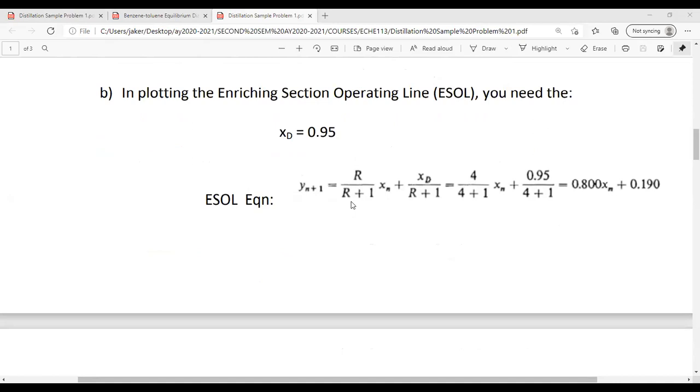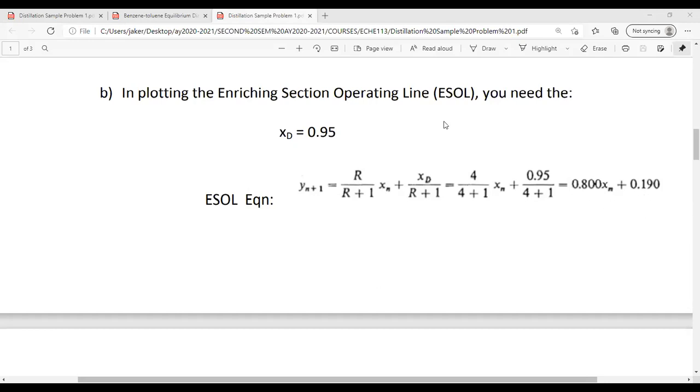So the R over R plus 1, XN plus XD over R plus 1. My students then find it easier to use the y-intercept of the line. That way they can plot the enriching section operating line. So in this case, you need the distillate composition and the reflux ratio. In this problem, the y-intercept is 0.19.